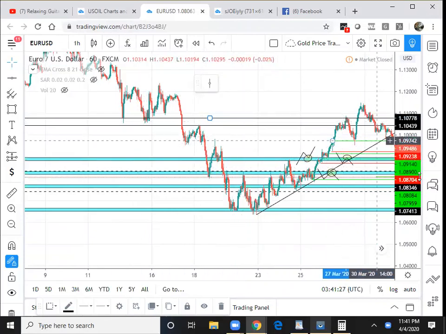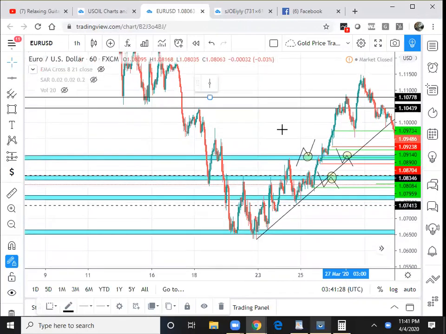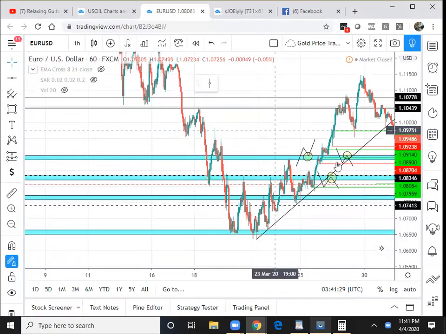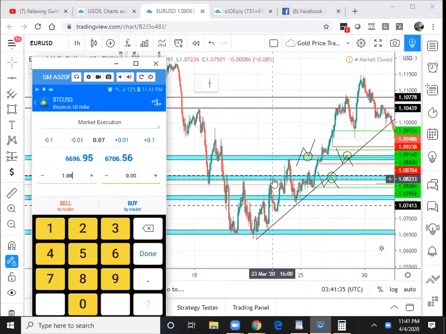You may have drawn your zone like this. Same difference, right? So coming back to setting up the trade, you place your stop loss. You could have placed your take profit at this area here, 1.10443, right?